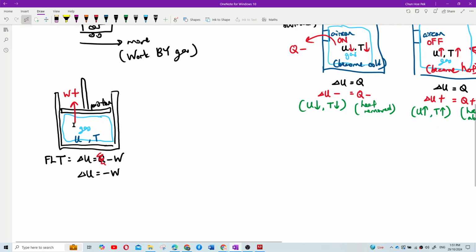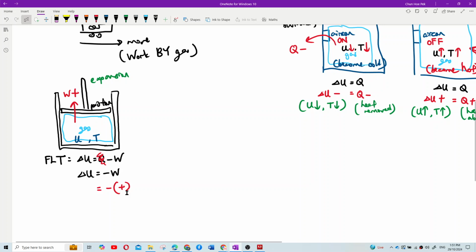Okay, kalau gas do work, pushing up the piston, expansion, the gas expansion work done positive. Okay, so look again the formula. So work done is positive. Kalau work done positive, what happened to delta U? Tell me, class. What happened to delta U?